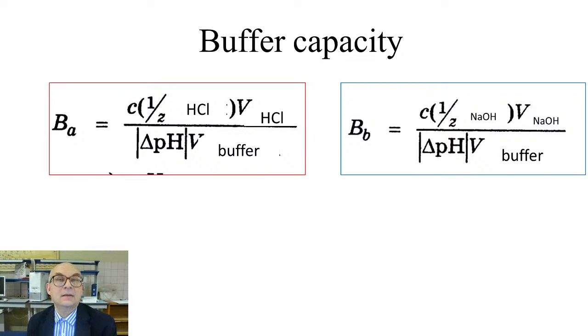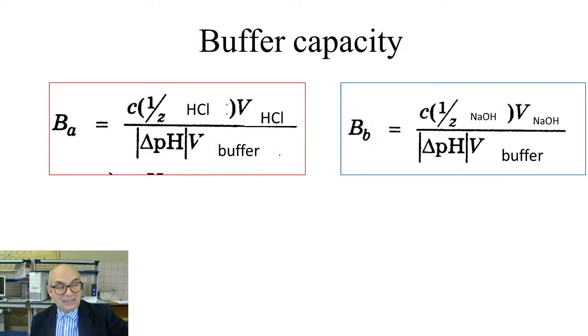And there are 2 values. BA is buffer capacity for the acid, look for HCl, and for the alkali there is another buffer capacity, which is labeled as BB, buffer capacity on the base.